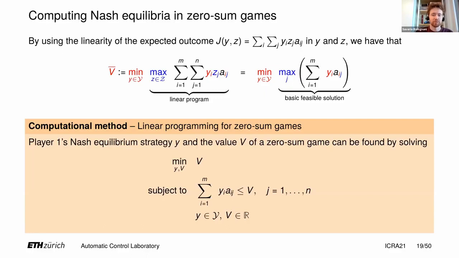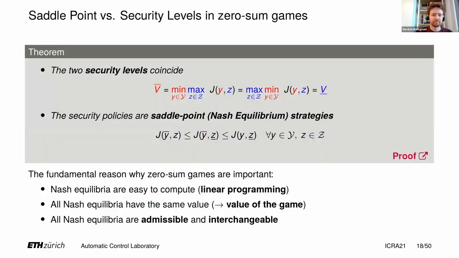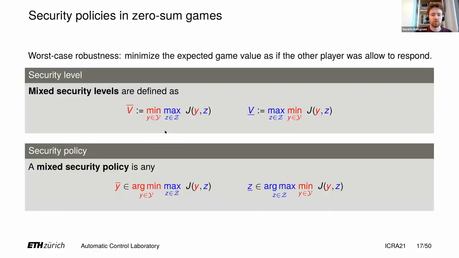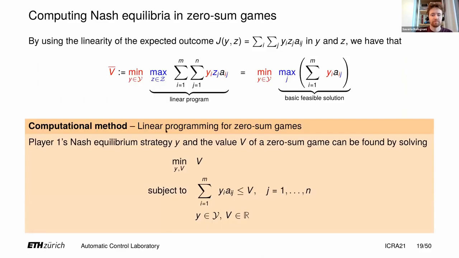This is something you probably observed already, right? If in the game here, player one decides how to randomize their trajectories and player two knows it, well, the best response is a singleton, right? You would just go and hit where the robot is going to go with the highest probability.